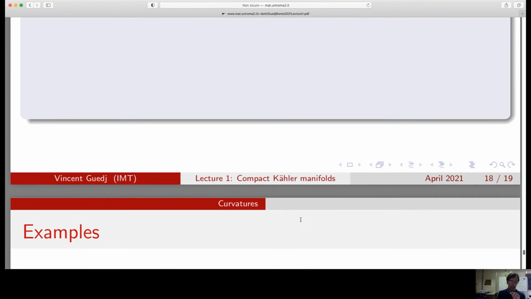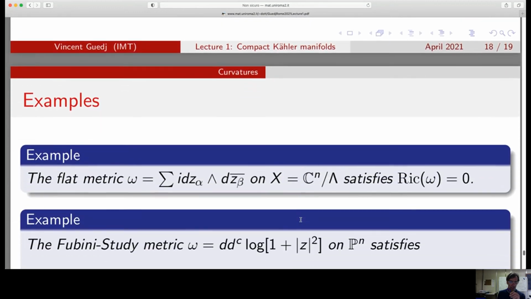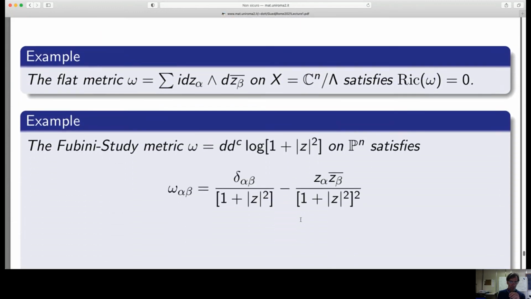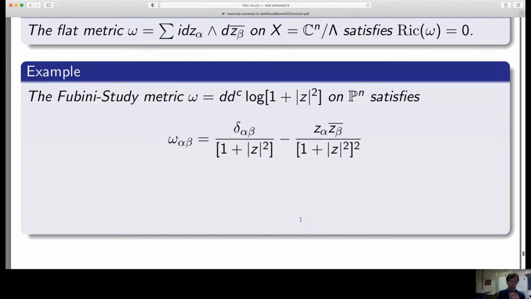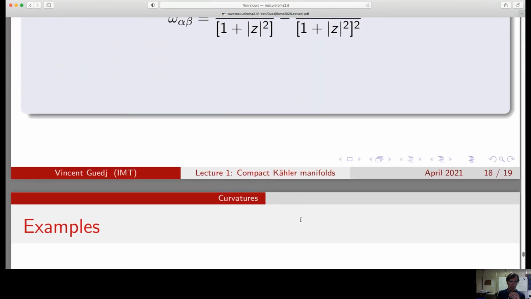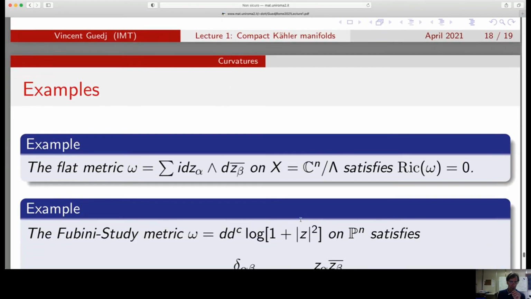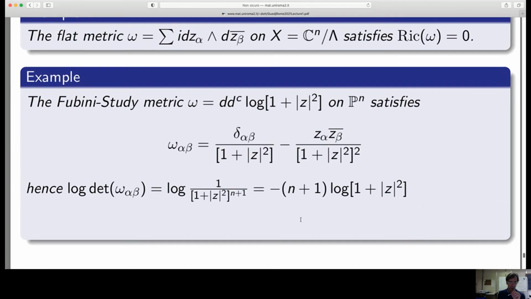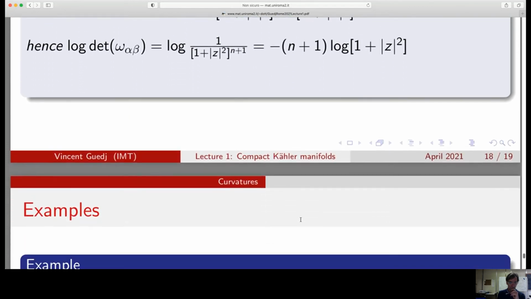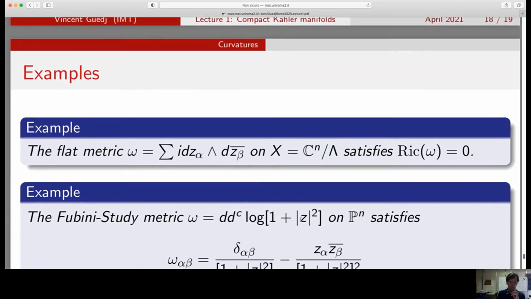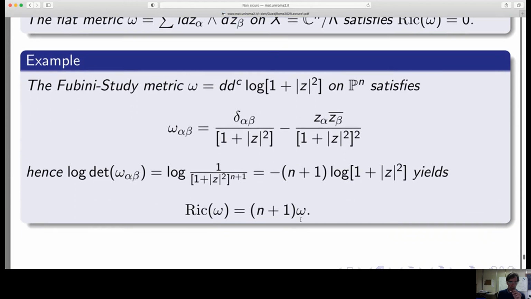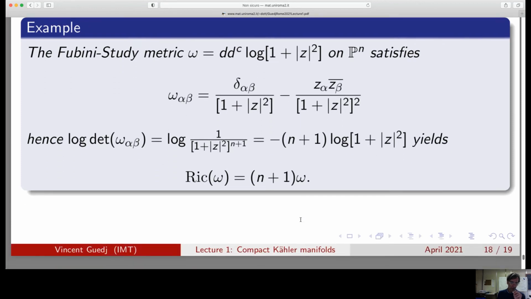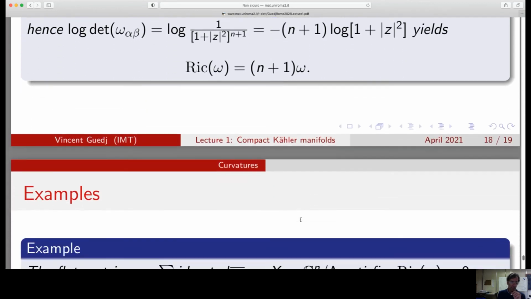These calculations show that the Ricci of omega, the Kahler form of the Fubini-Study metric, is n plus 1 times omega. So this is definitely Kahler-Einstein.